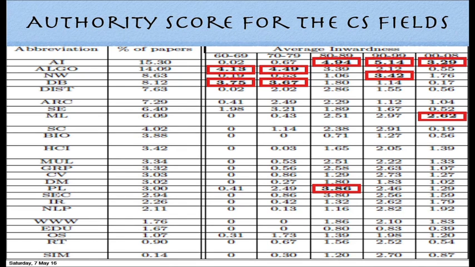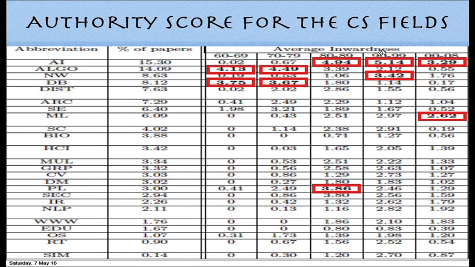A lot of researchers were working in this area, a lot of papers were being published, and there was a lot of interest, and that is why the authority score has risen. The authority score of PL has risen because this was the decade when lots of programming languages like C, C++, etc. were being written. The compilers were being constructed in this particular decade.